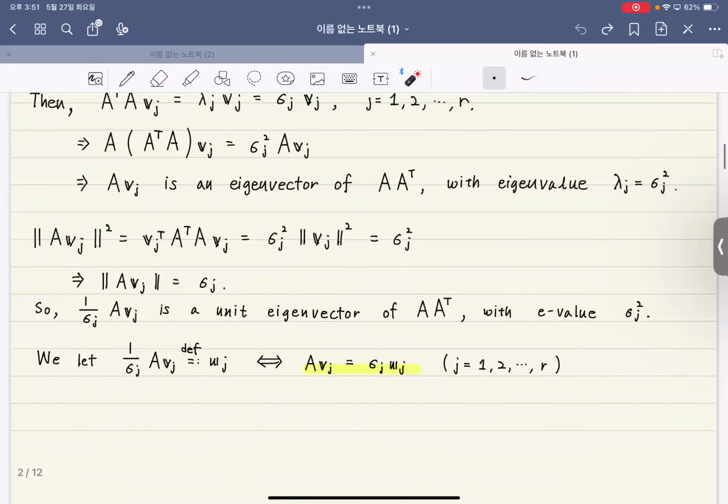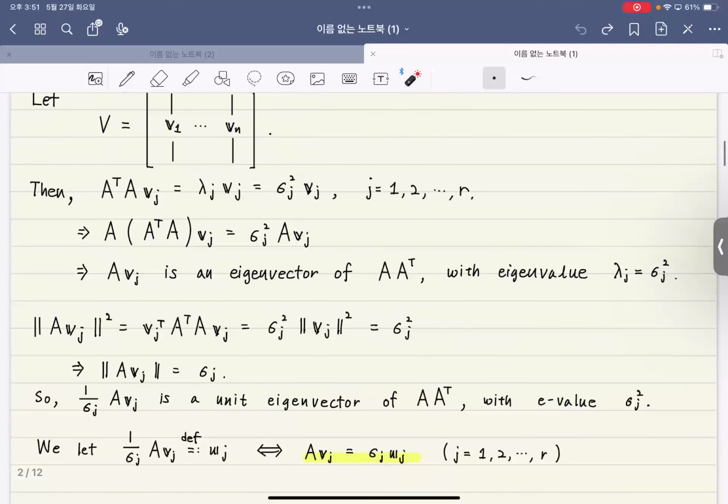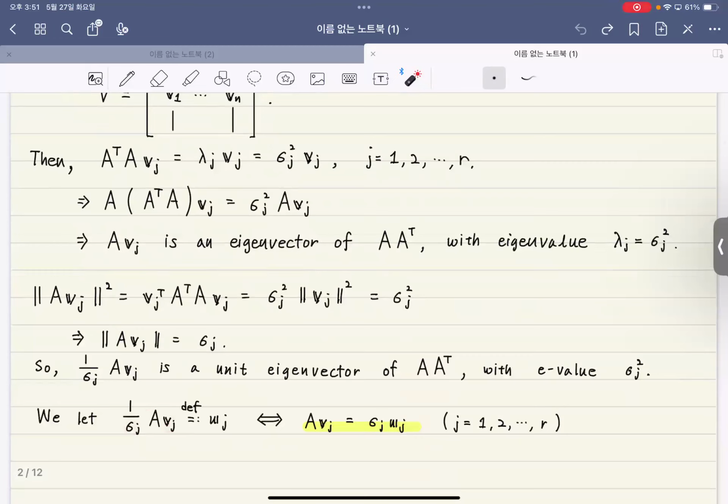V1 to VR are the orthonormal eigenvectors, and this is also an eigenvector of AA^T. The question is, are they linearly independent?